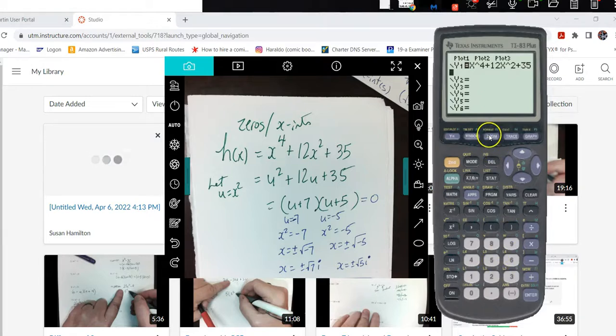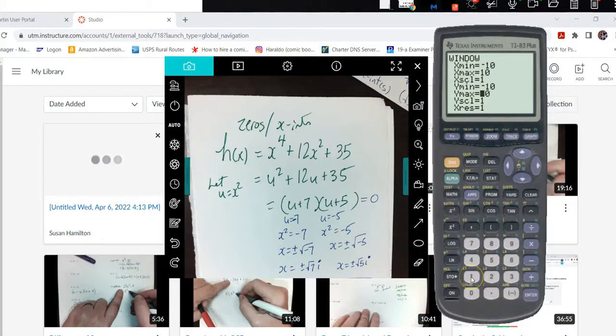Okay, if I do a zoom 6, we're not seeing much at all, are we? Let's see if I can expand, or might see where we have some points. It looks like I'm going to need to expand this vertical window.